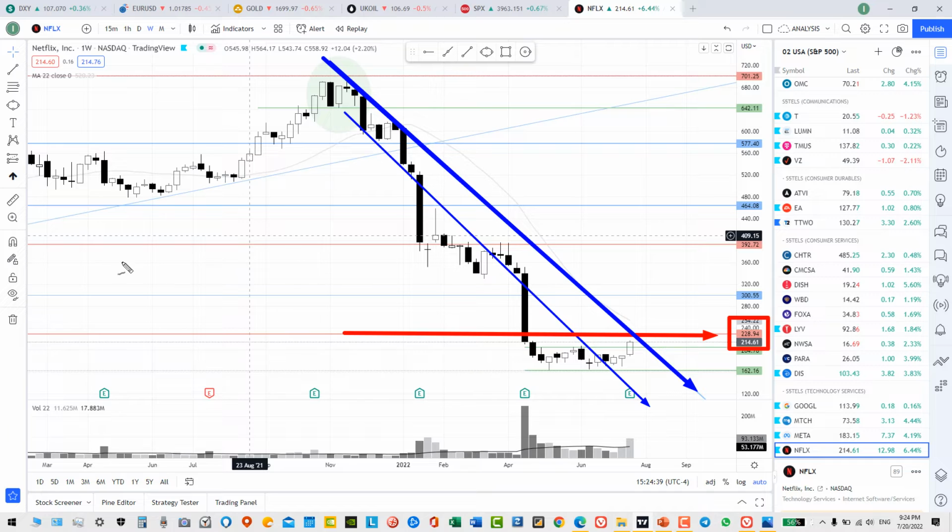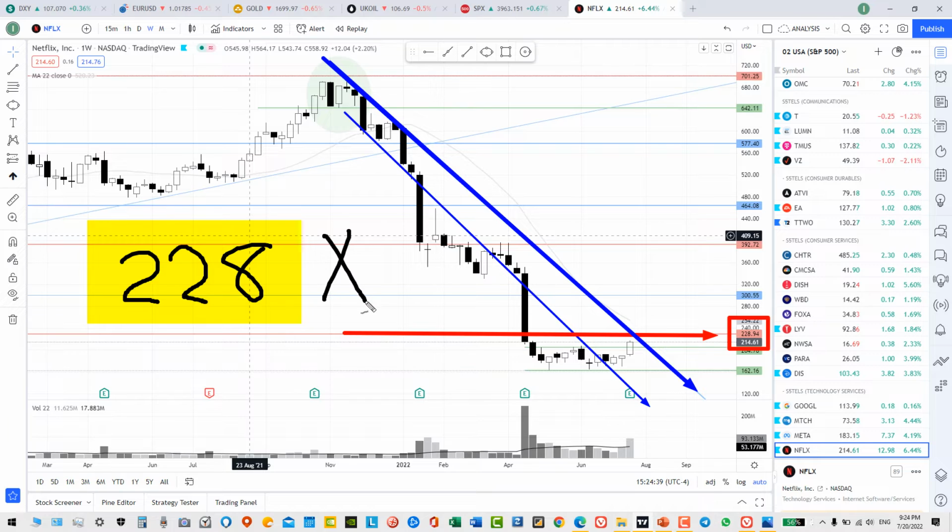So the medium term picture and the long term one are still negative. And I can say it clearly, as long as the stock is closing below 228, things are negative over the long and over the medium term picture.